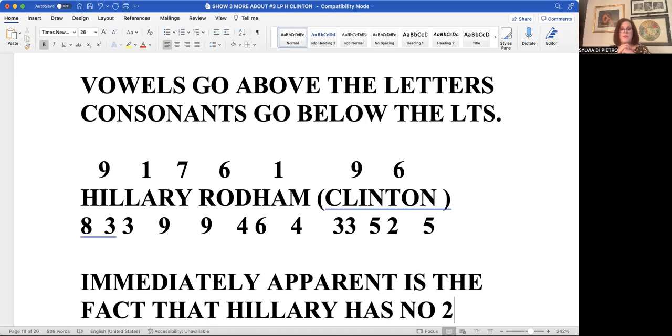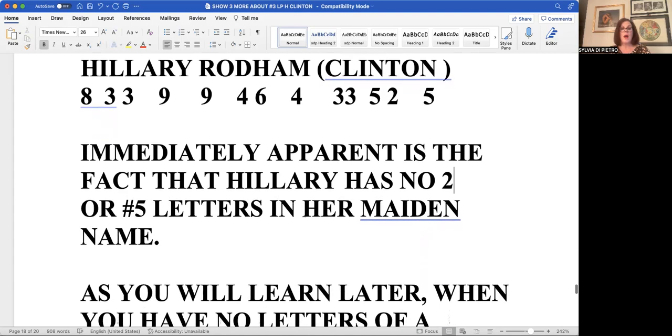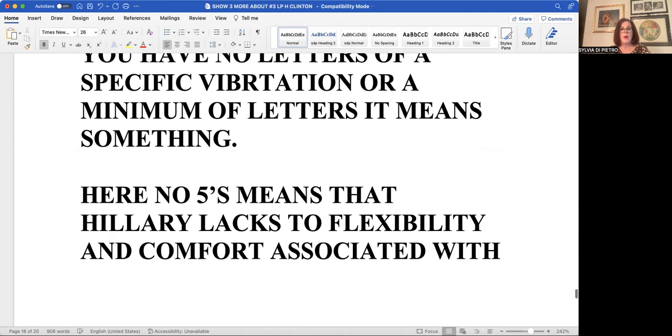So if we add them together, she would have, which I will teach you later, a karmic number of 7, which would mean she would have to do a deep dive in analyzing things in life and becoming a researcher, a writer. And we all know that she has accomplished those things.